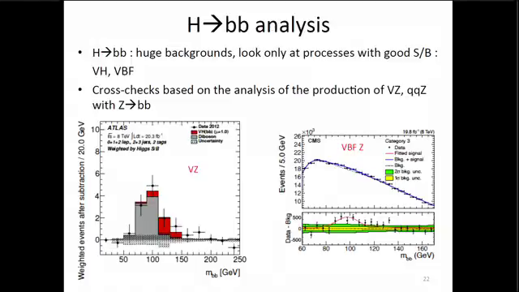And there have been many cross-checks in which one also tries to look at the very similar process of VZ production with the Z decaying into b b-bar. That is something similar. And here we see, for example, the invariant mass of the b b-bar from ATLAS, where we see in gray the VZ production, and in red what we expect from Higgs. And this is the associated production. This is the vector boson fusion case from CMS, where you see this bump over a very large background.